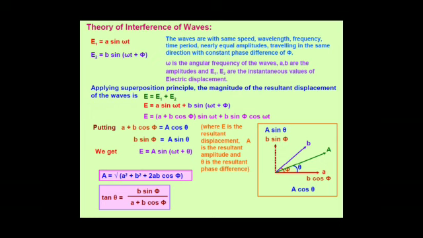Solving these equations, we get the amplitude of the resultant wave, capital A, equal to under root A square plus B square plus 2AB cos phi, and the phase difference between the resultant wave and wave E1, that is tan theta, is equal to B sin phi upon A plus B cos phi. The intensity of a wave is directly proportional to the square of its amplitude.